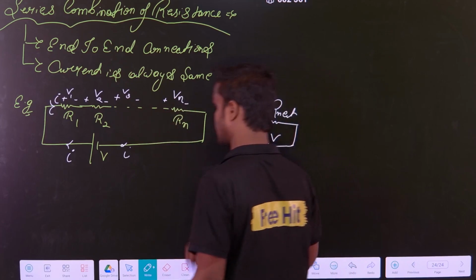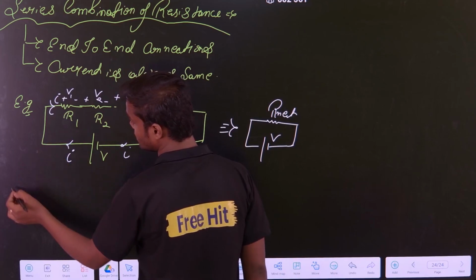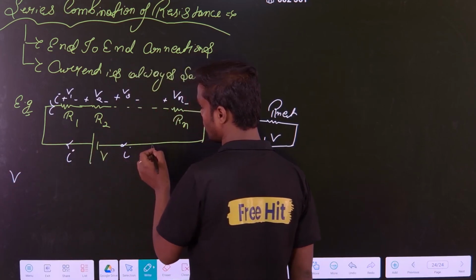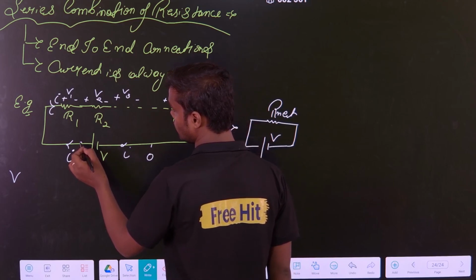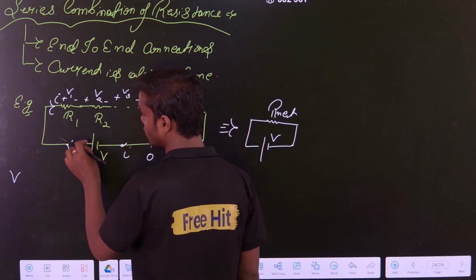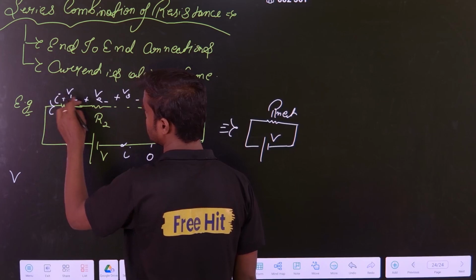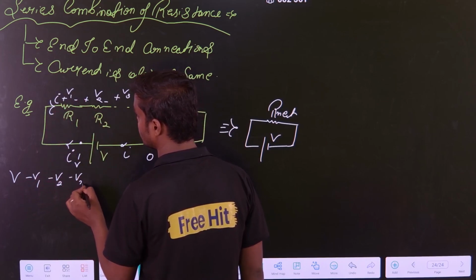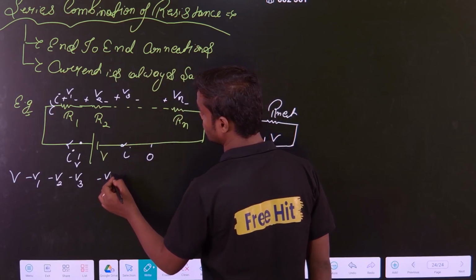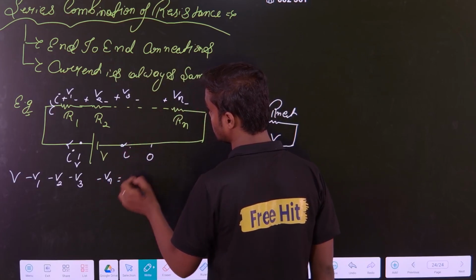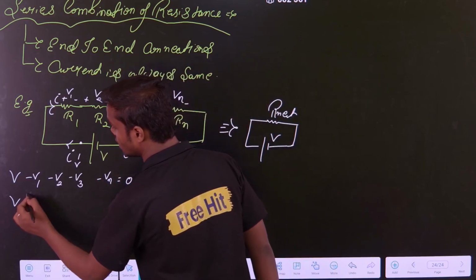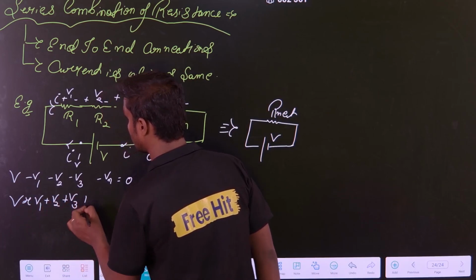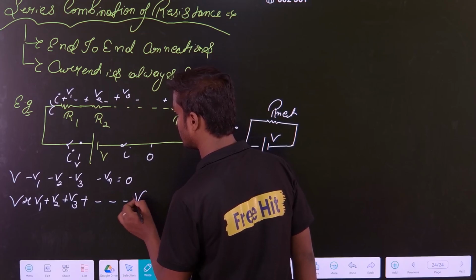By KVL, I take this potential as 0, so this value will become V. Let us write the KVL: V minus V1 minus V2 minus V3, like that minus Vn is equal to 0. So from here you get V is equal to V1 plus V2 plus V3 plus dot dot dot Vn.